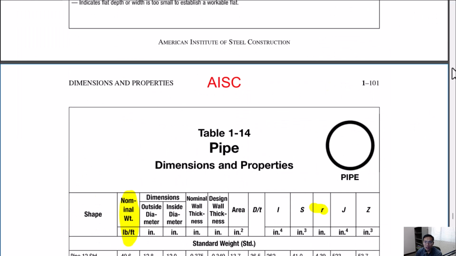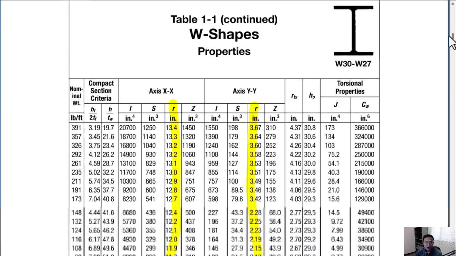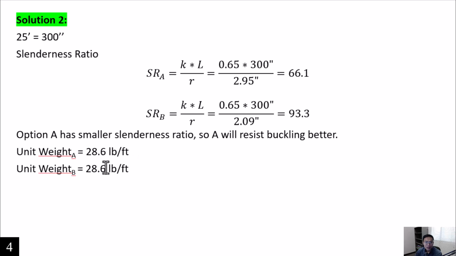If you forgot how to check for that, you can go back to check the nominal unit weight here. That one is 90.